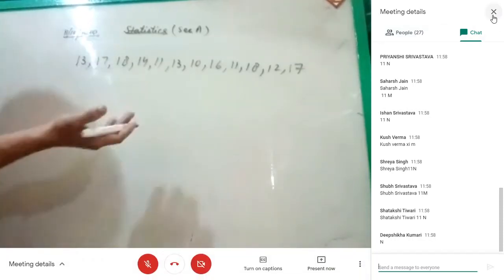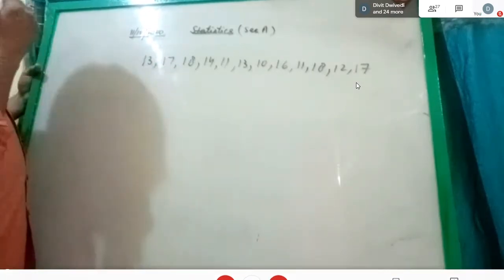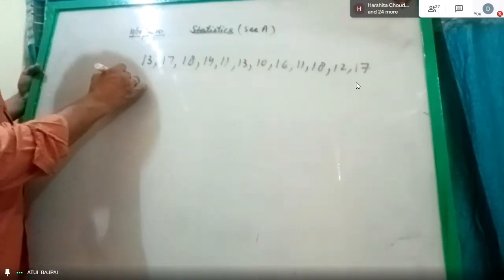Now I have to find mean deviation about mean and mean deviation about median. I will try to find both. So for the median, let us rearrange, because I have to find the median also. First I will rearrange into ascending order. Can you tell me the ascending order of this?